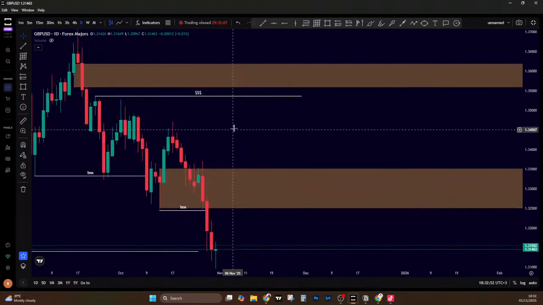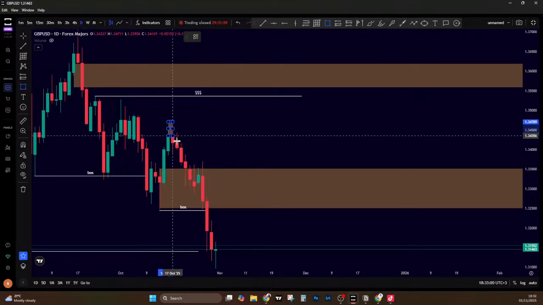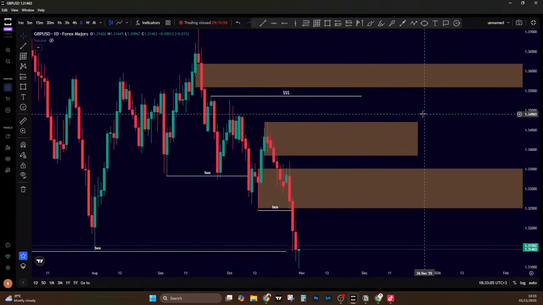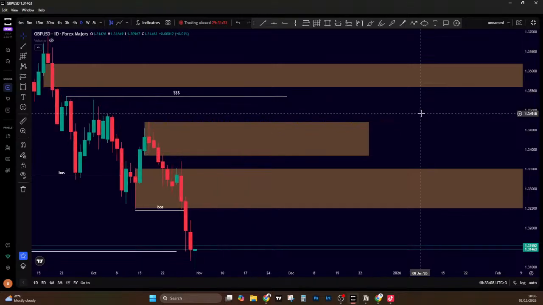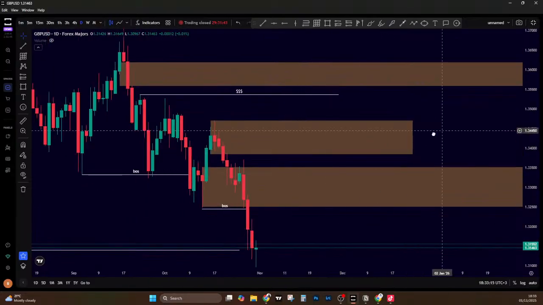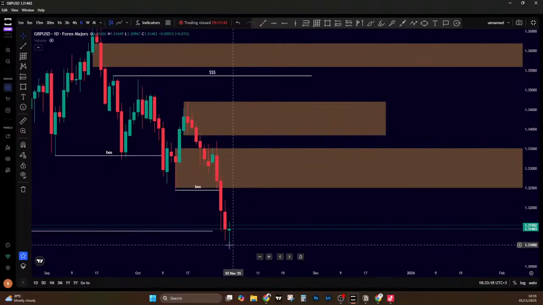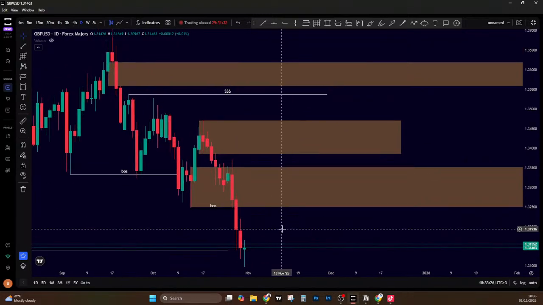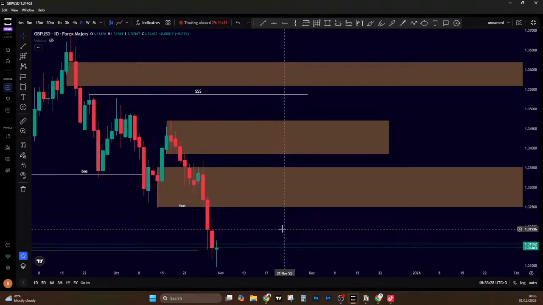Then we also have this supply zone here, that supply zone there. So we need to refine these two entries and ask ourselves, where do we expect the market will come so that it can continue selling?